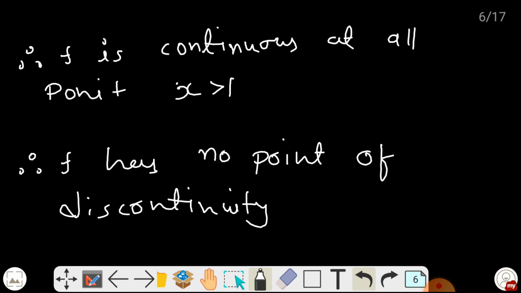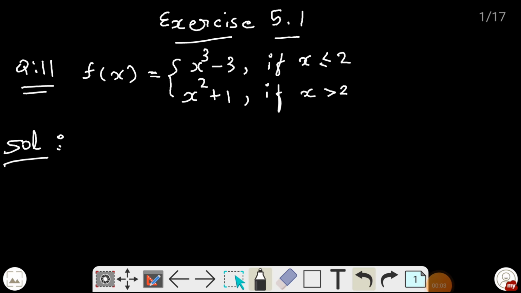So that is our question number 10. Now let us move to question number 11. Our 11th question is f of x is equal to x cube minus 3 if x is less than or equal to 2, and x square plus 1 if x is greater than 2. Similar to the 10th question, here also we have 3 cases.